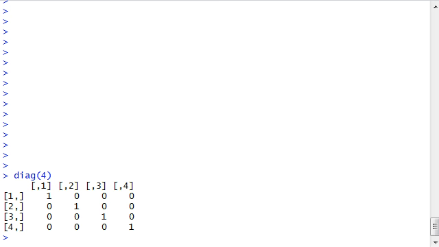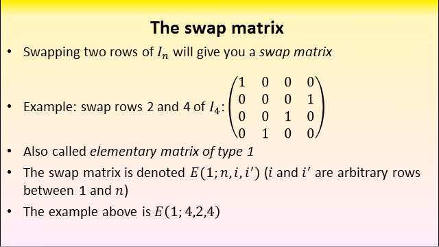I use a semicolon followed by n, which is the number of rows, also the number of columns of my swap matrix. And then I'm going to use 2 indices i and i prime, which will be the rows that I swap. So in the example above, n is 4, so 4 by 4. And since I've swapped rows 2 and 4, I'm going to call this E(1; 4, 2, 4).